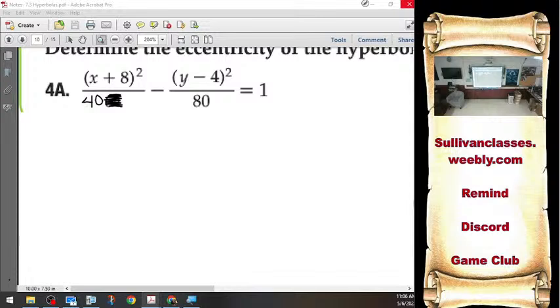You get root of 30 over 1. It's 2 root of 30 over 4, was 3. So root of 30.